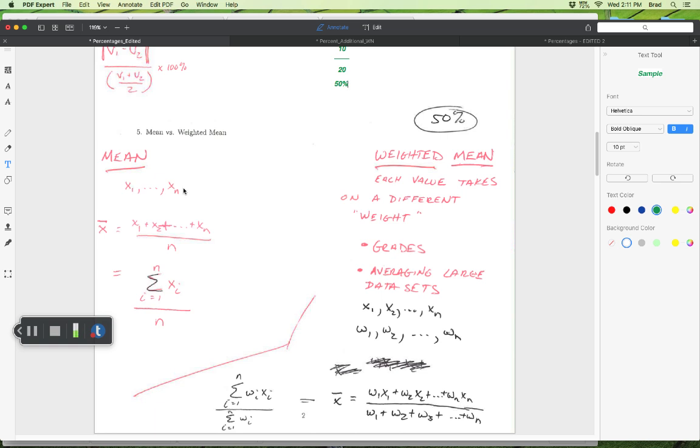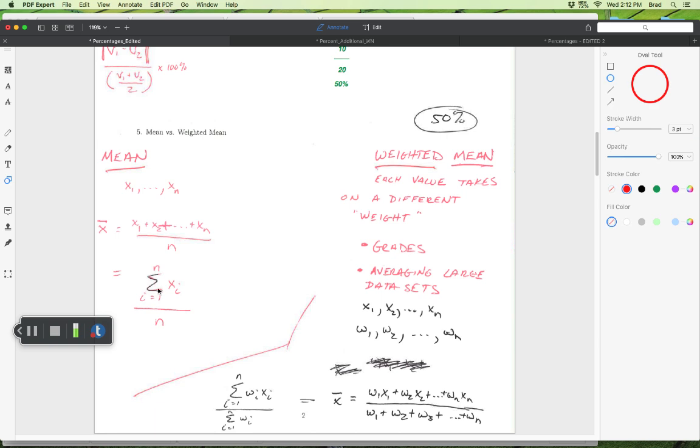But if we've got these n items, these n values, the mean, often denoted with a bar over that x, is just adding them all up and dividing by how many you have. The reason I wanted to include this here is because of this symbol here, the symbols going on in this thing right here.